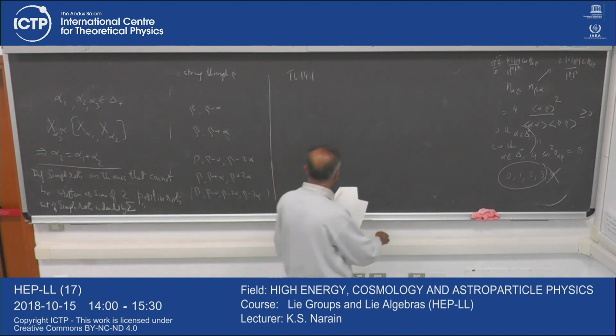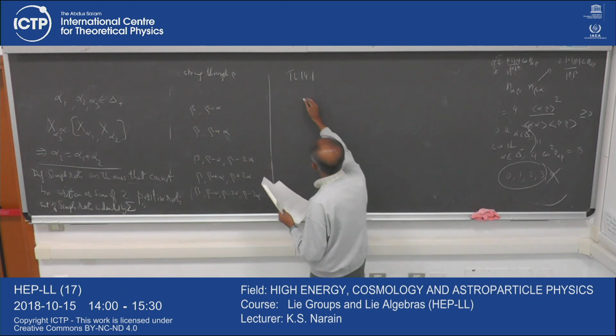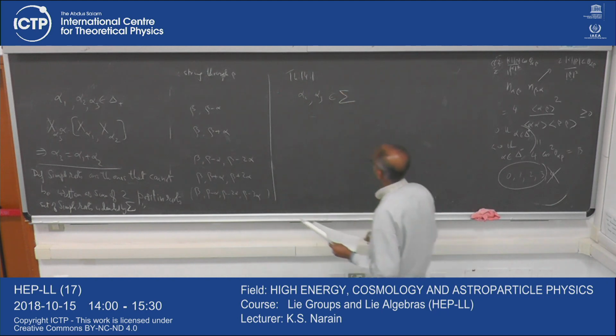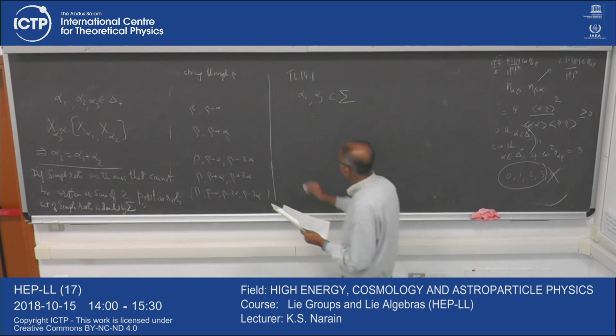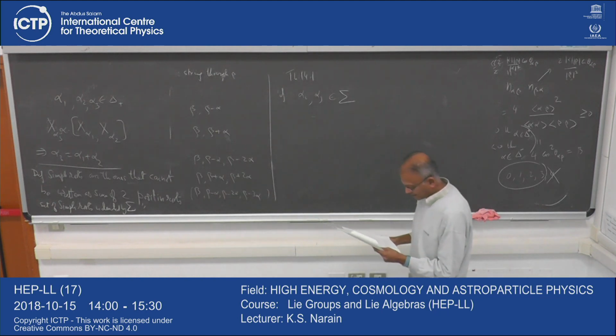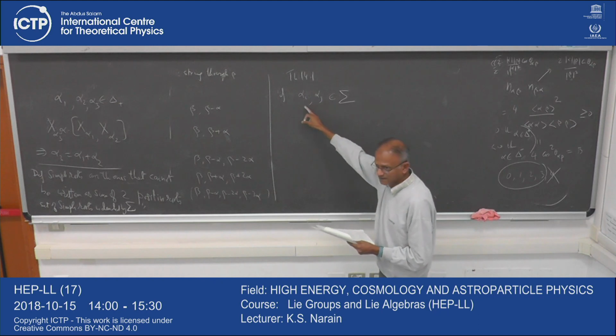So the statement is, suppose alpha i and alpha j belong to sigma. Of course I am thinking of these as two different roots.